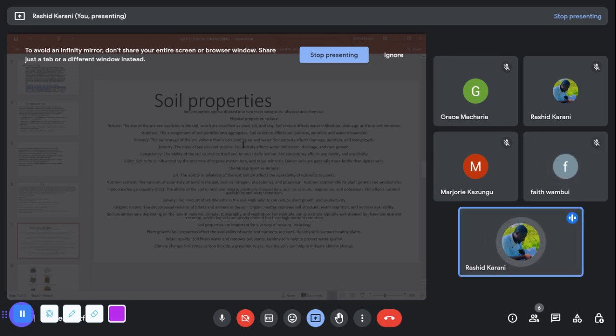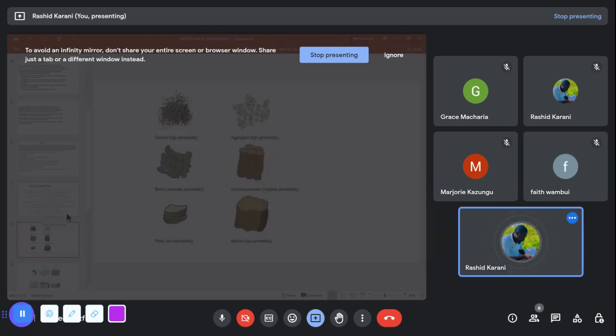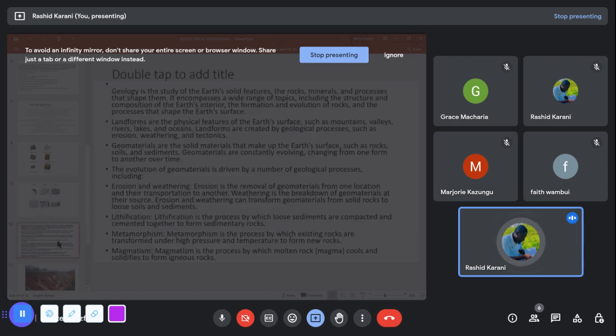Soil properties are important in plant growth, where they affect the availability of water and nutrients to the plants, and it offers healthy plants. So we have the water quality and the climatic change. From the pictures, you can see the different aggregates. You can take your time and look at them.